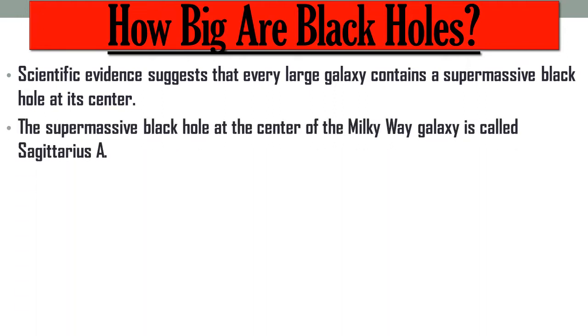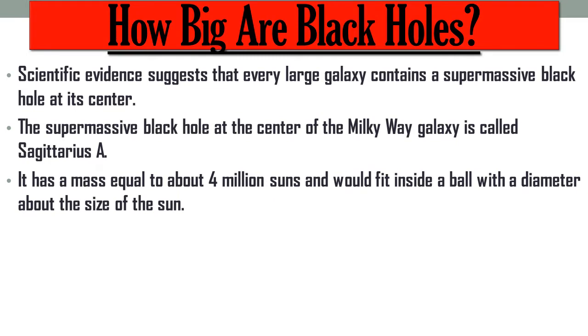The supermassive black hole at the center of the Milky Way galaxy is called Sagittarius A. It has a mass equal to about 4 million suns and would fit inside a ball with a diameter about the size of the sun.